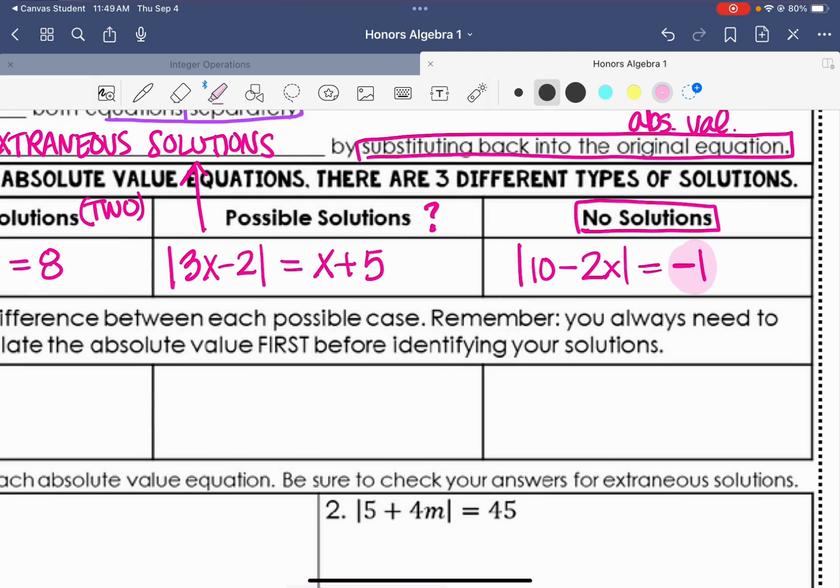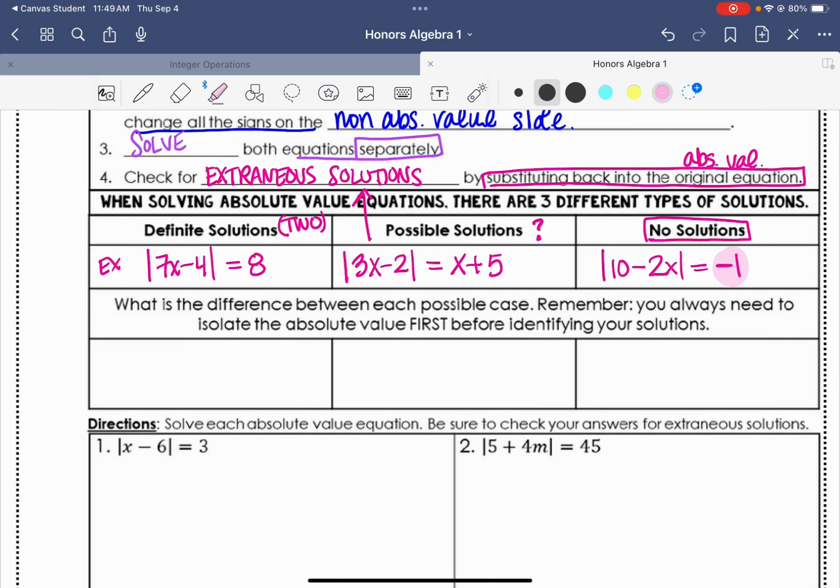Okay? So what's the difference between all these possible cases? We always need to isolate the absolute value first before identifying our solutions. So really quickly, if I'm looking at the definite solution, the non-absolute value side, so that's like the 8.